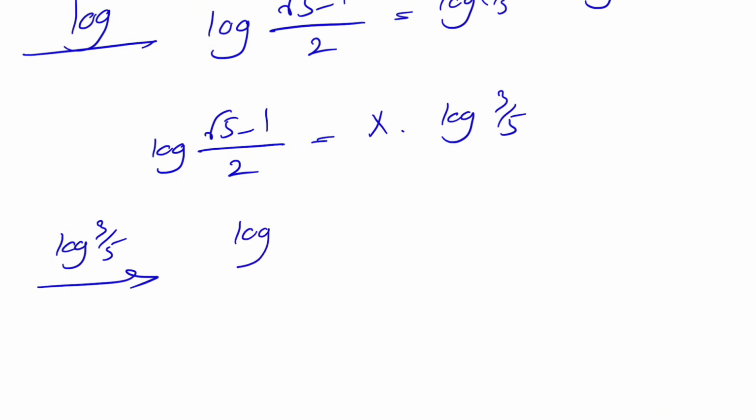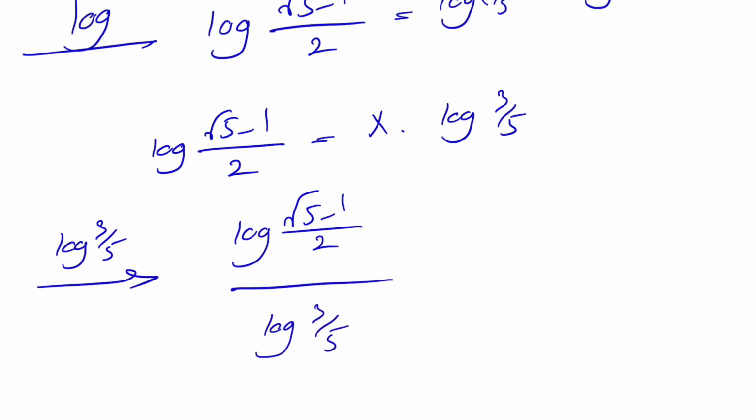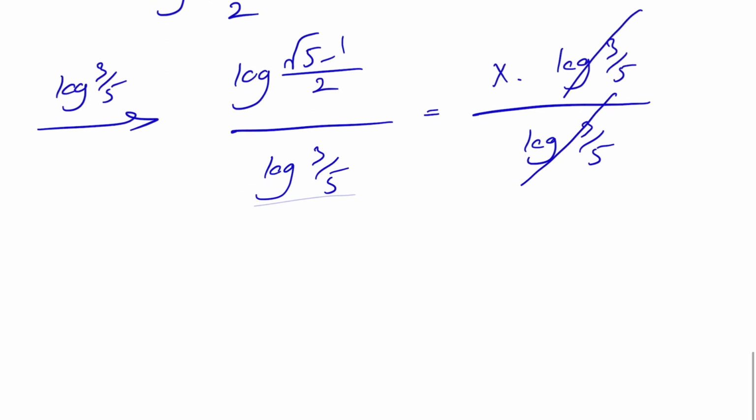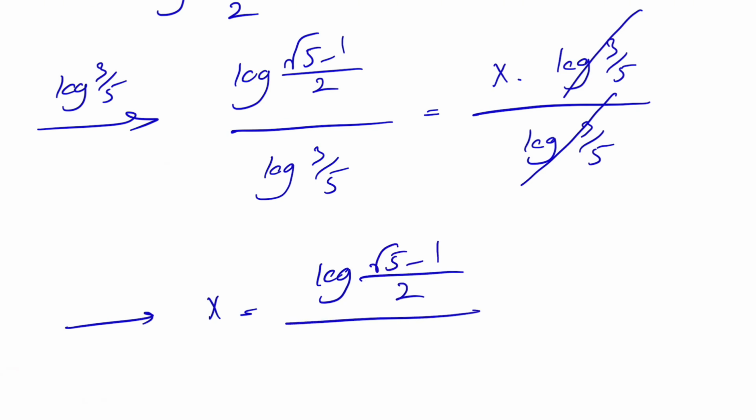So on the left side we'll have log of square root of 5 minus 1 over 2 divided by log of 3 over 5, and on the right side, log of 3 over 5 cancels out, and our x would be the log of square root of 5 minus 1 divided by 2 over log of 3 over 5.